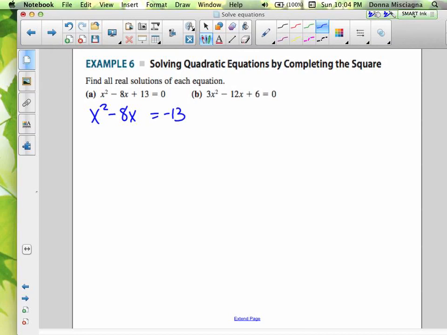In class, I'm just going to deal with the x squared minus 8x, so you can see what's the magic number you would add. And hopefully, you know that that magic number is going to be half of b, so that's going to be 8 divided by 2, because b is 8.